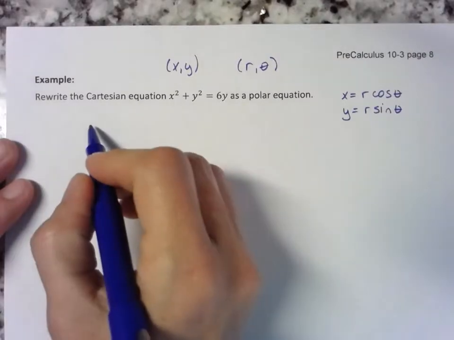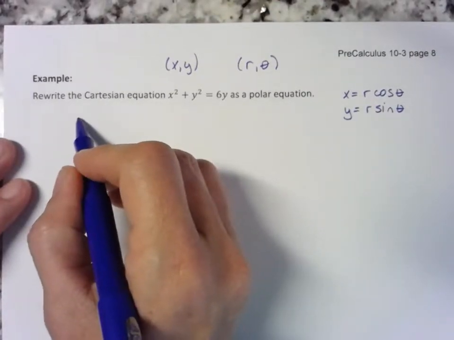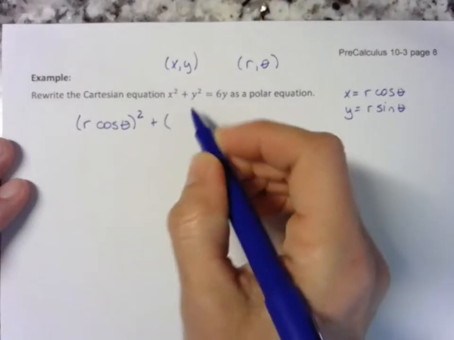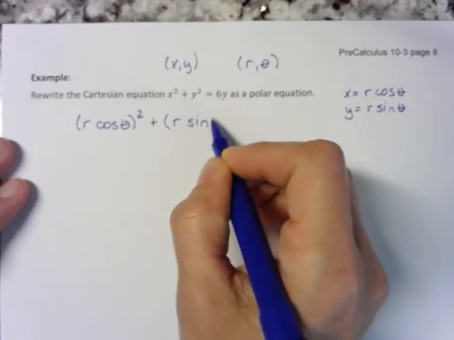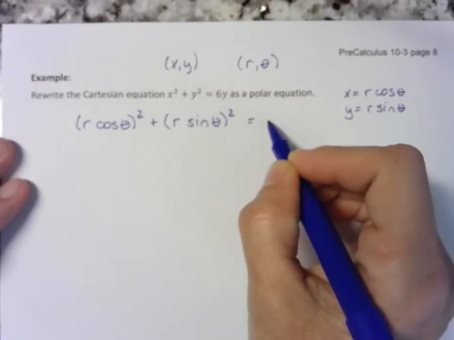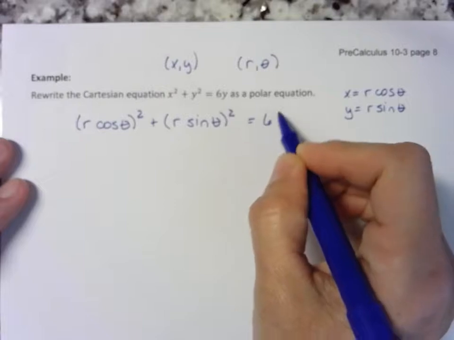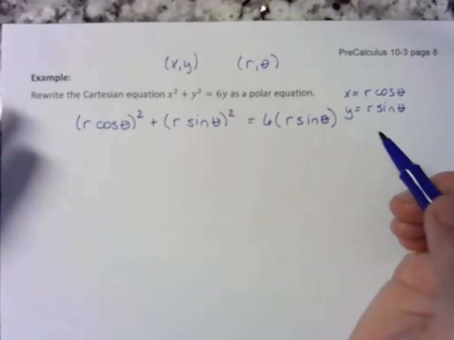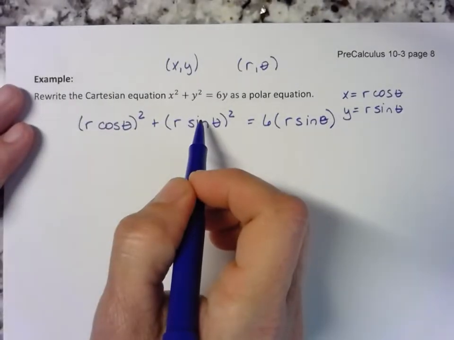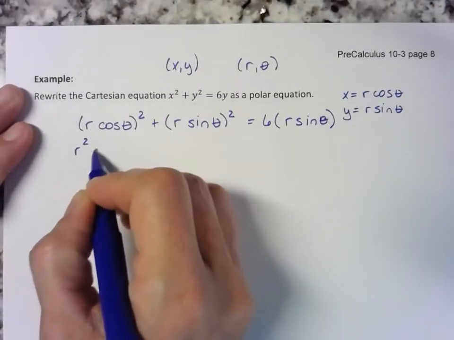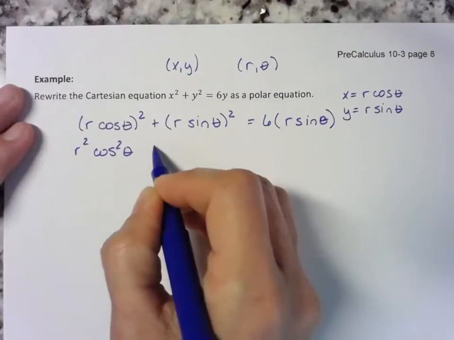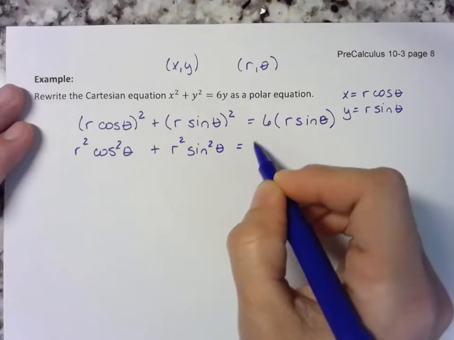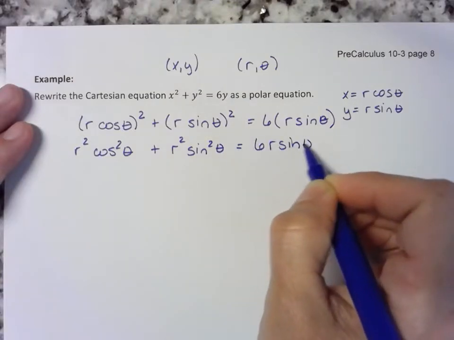So let's try. Replacing x squared would be (r cosine theta) squared. Replacing y squared with (r sine theta) squared equals 6 times y, r sine theta. If we use our exponent rules here, we get r squared cosine squared theta plus r squared sine squared theta equals 6r sine theta.